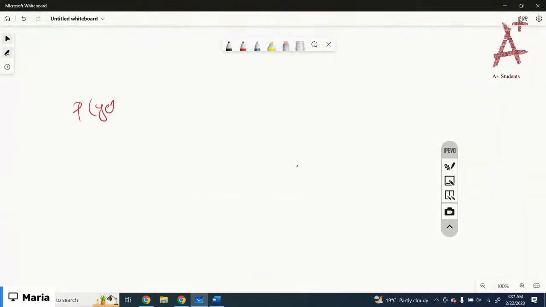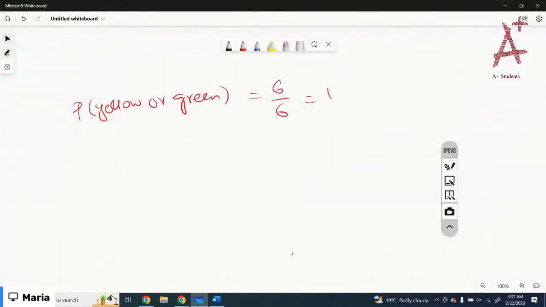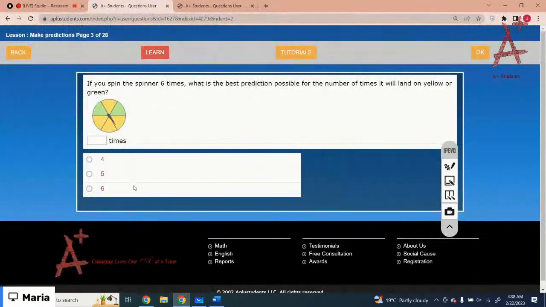The total outcomes are 6 and it will land on either yellow or green. So 6 by 6 is 1, and you spin the spinner 6 times. So you have to do 1 times 6, which equals 6. Got it? So the correct option is 6.